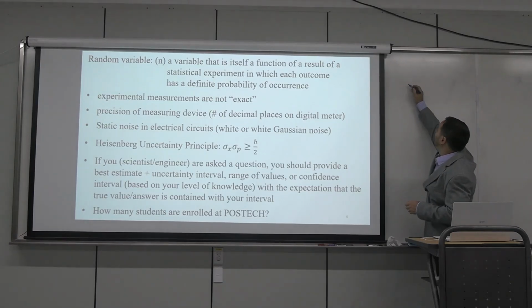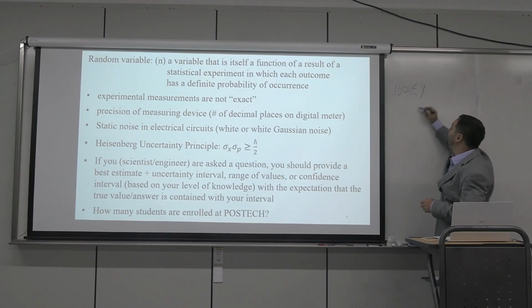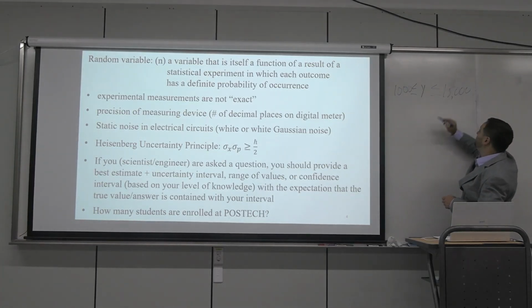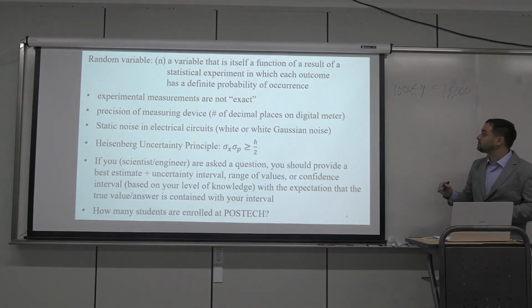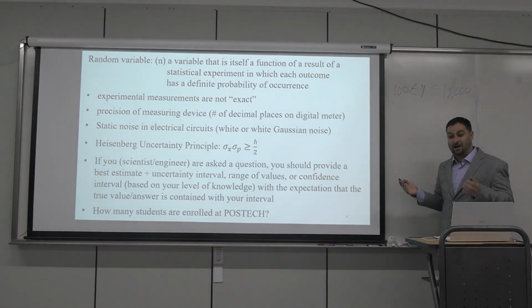I would say, I'm going to call my answer Y, probably greater than or equal to 1,000 and less than or equal to 15,000, because I really don't know how many students are enrolled at Postech.